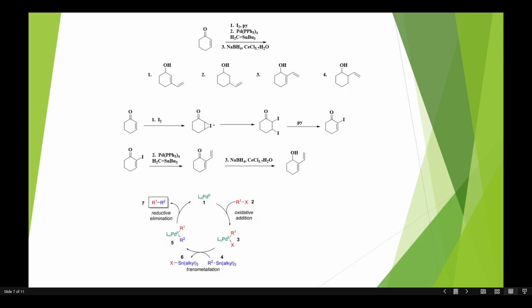So there are three steps: oxidative addition with the aryl halide, then transmetallation. If you have any other kind of metal instead of tin, then we call it by a different name reaction, but for tin we call it Stille coupling. Then reductive elimination, and you get the coupling product. This is the general mechanism.